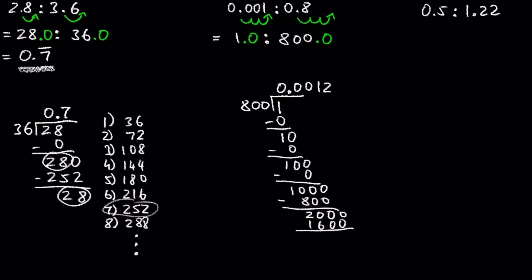Subtract 1600 from 2000 and we get 400. Bring down the 0. The 800 goes into 4000 5 times. 5 times 800 is 4000. And we are done. So 0.001 divided by 0.8 is equal to 0.00125.